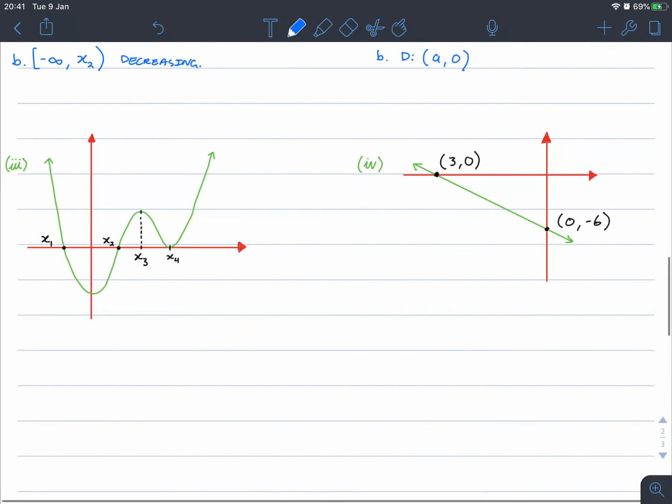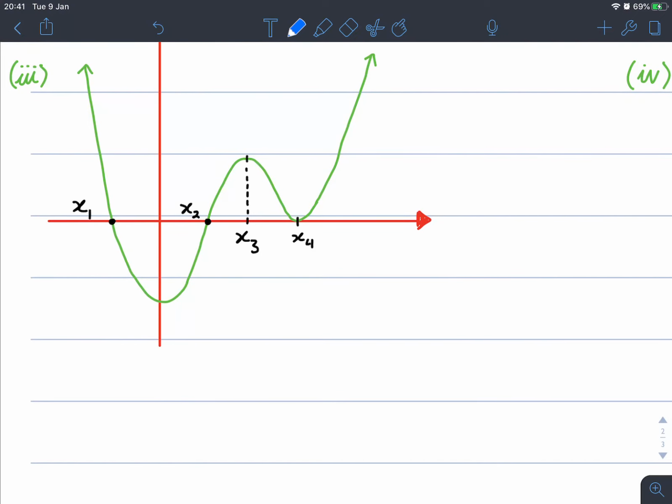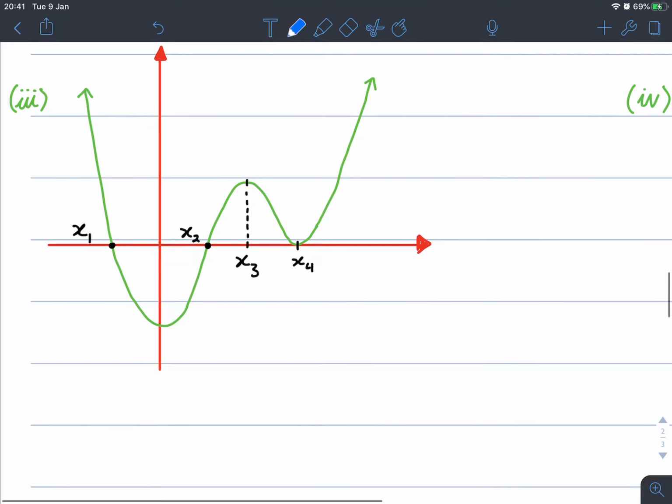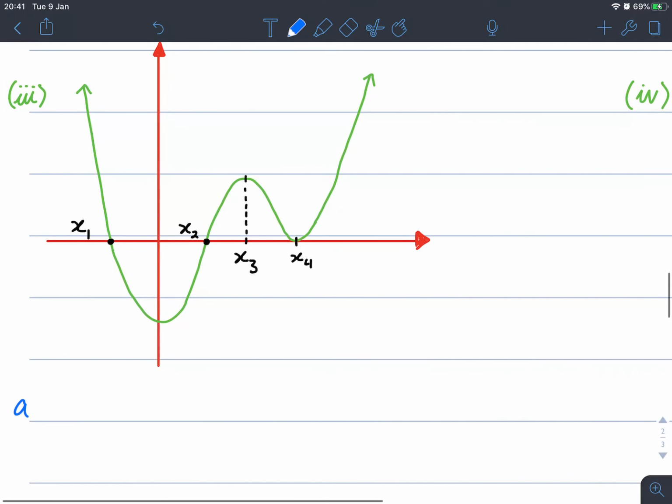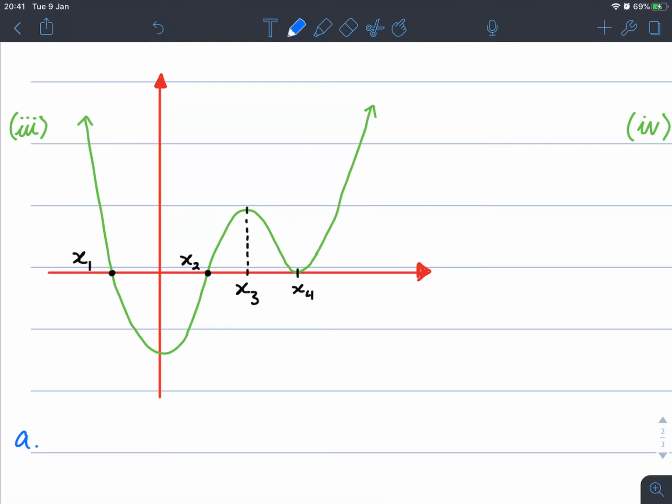Let's do two more examples here. Here we have a quartic. It doesn't matter too much what the name is, but let's find points where this is increasing. Let's start from the very left here. So here is negative infinity. As x increases, y is decreasing.